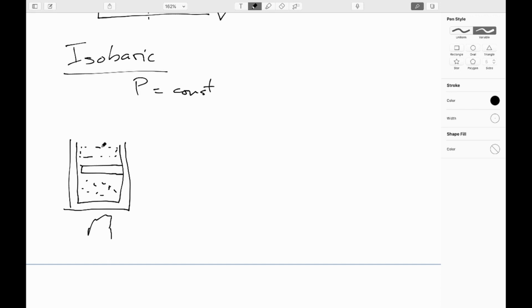It's constantly pushing the cylinder up. Now these fluctuations in pressure are minuscule, and so you can basically say that's a constant. So the net result is that the volume got bigger.